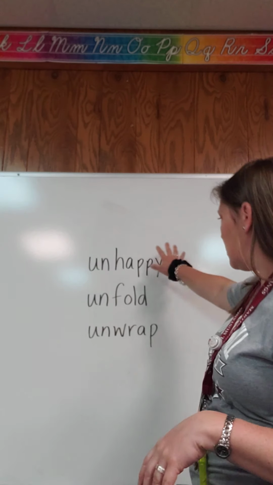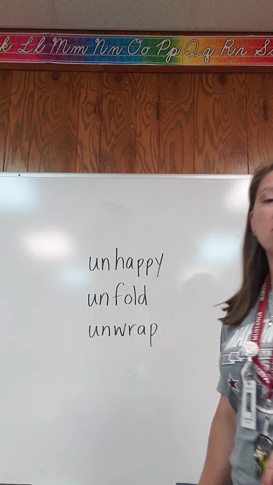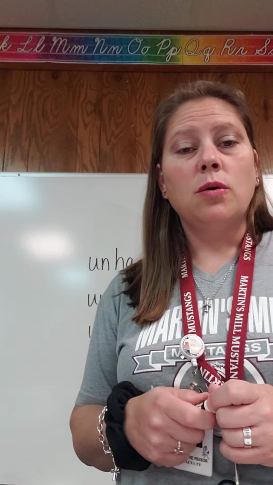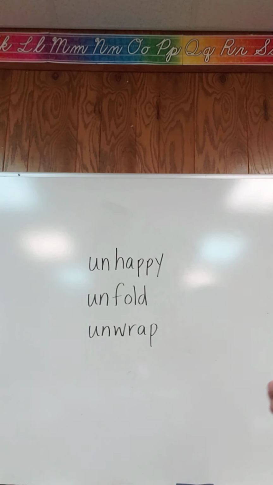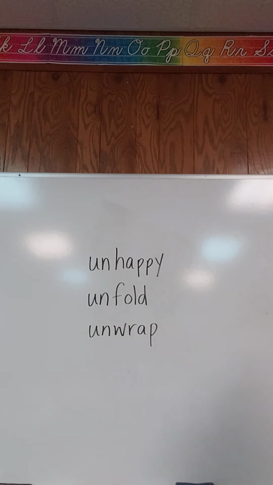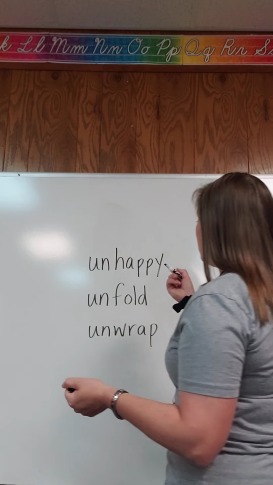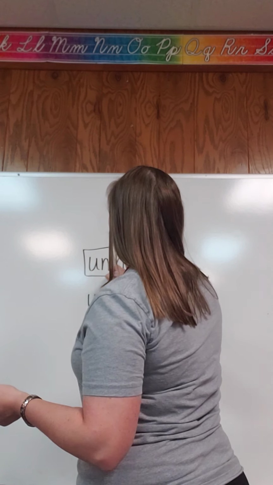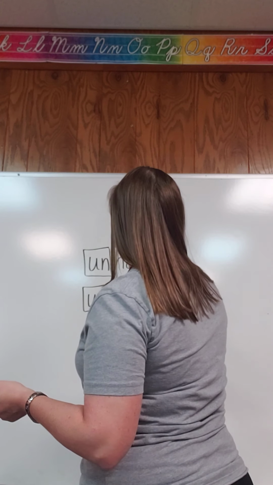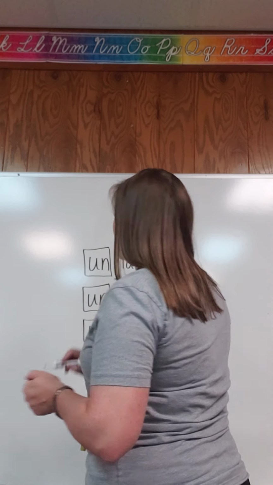All right, so let's start out by taking a look at these three words here. See if you can identify what the prefix in each of these words would be. Remember, what do we do to code a prefix? That's right, we box it. So if you said that un was your prefix in each of these words, then you were correct.